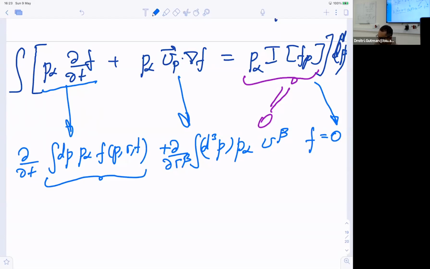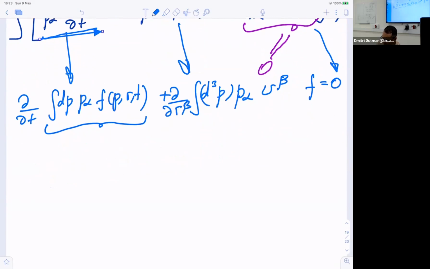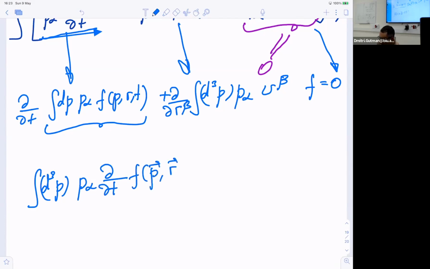No, I want to go over the left side of the equation. Do you understand it? No. Okay, so let's discuss this term. We have an equation d3p p alpha d over dt f of p, r and t.